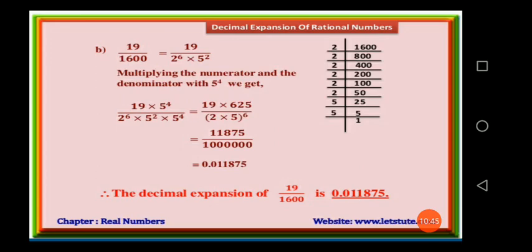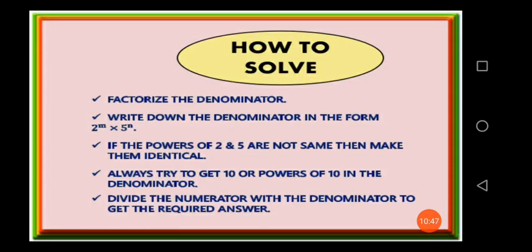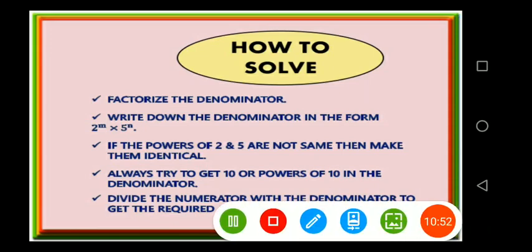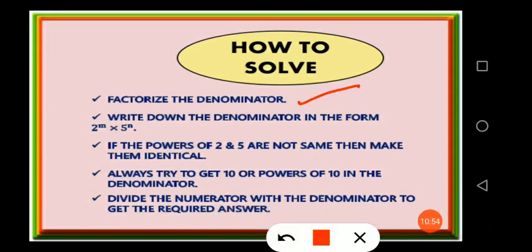Okay. Next is how to solve. Again explaining how we are solving. First we are factorizing the denominator and writing it in the form of 2 and 5.